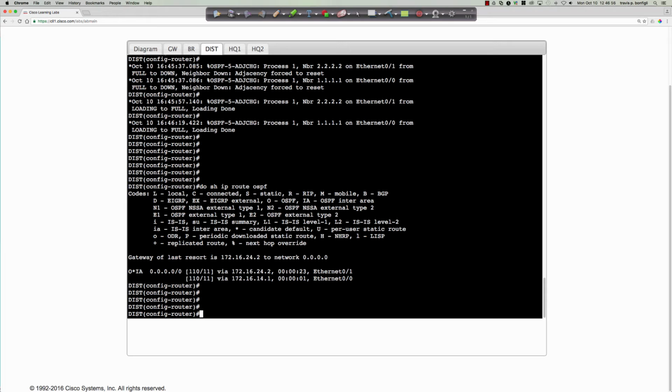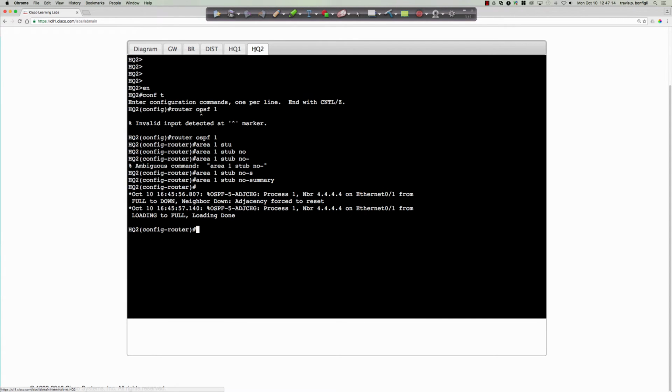We saw that in the discovery activity 15, I believe. And there are no type 7s because the 7s show up in the NSSA and the NSSA totally stub, right? Okay, so we've got that taken care of. Now I need to make sure, let me see here, if we see show, what am I trying to say here?